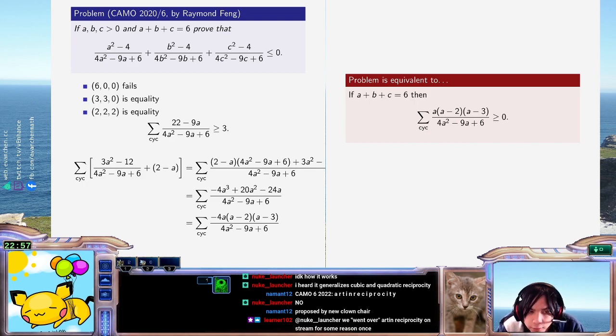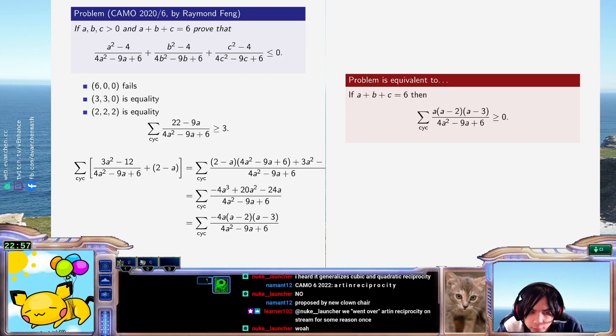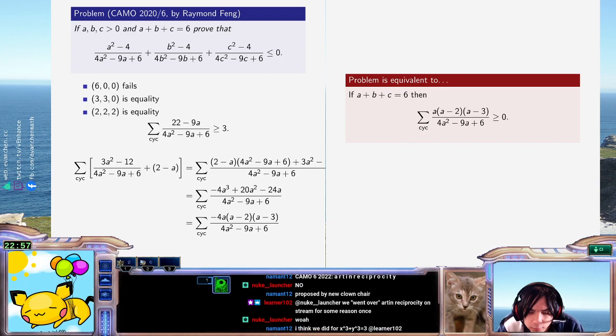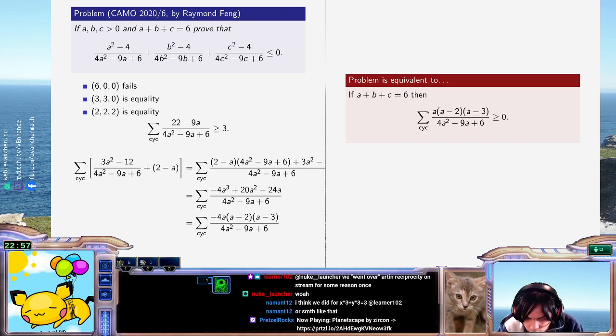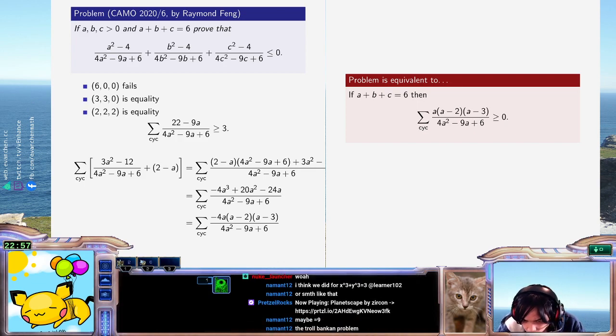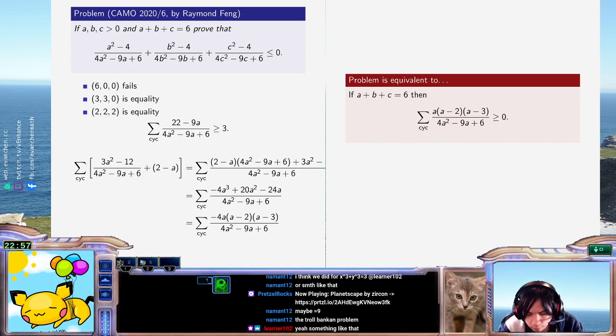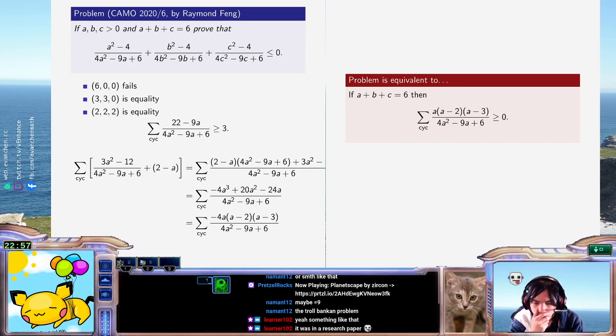Okay, so that is something. Oh, now what do I do with this? So this thing is only negative for values of a, b, c in the interval between 2 and 3.